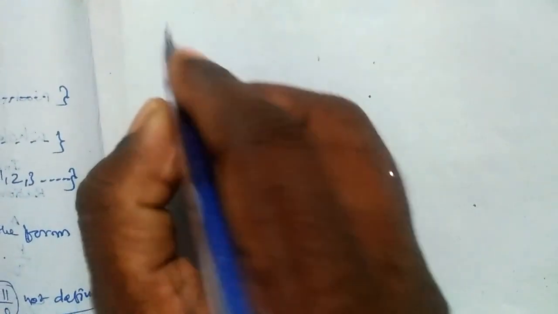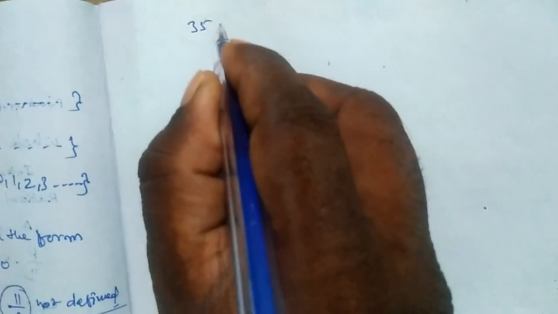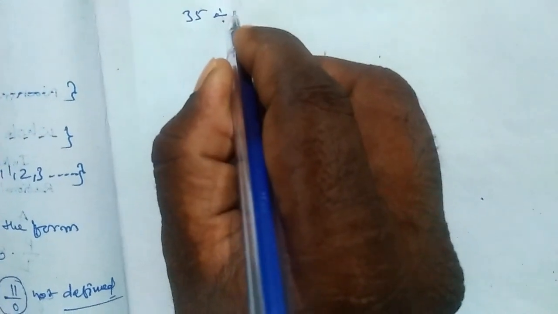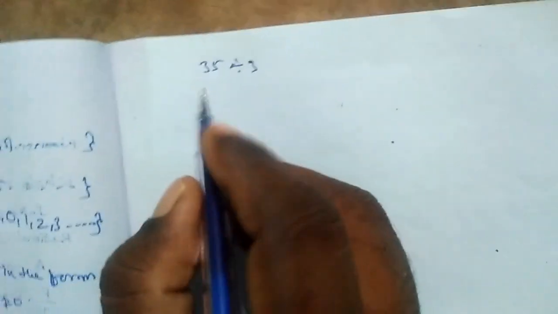I take one more example. The same 35 is divided by 3.